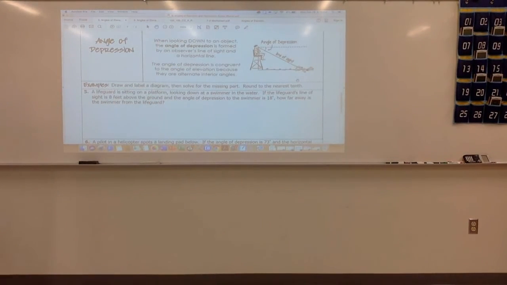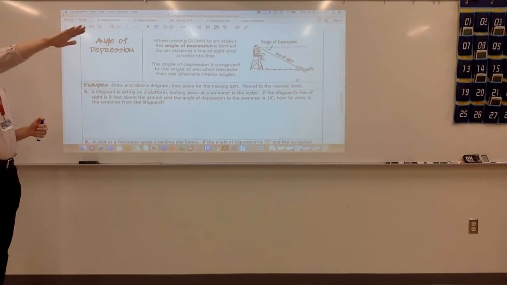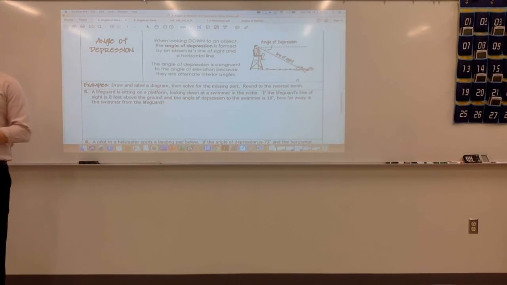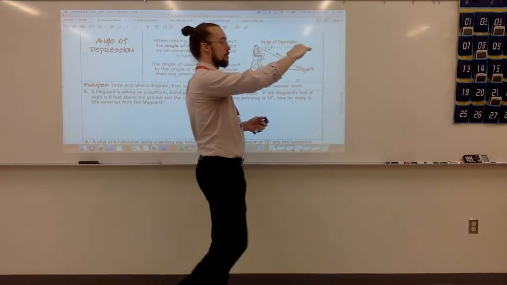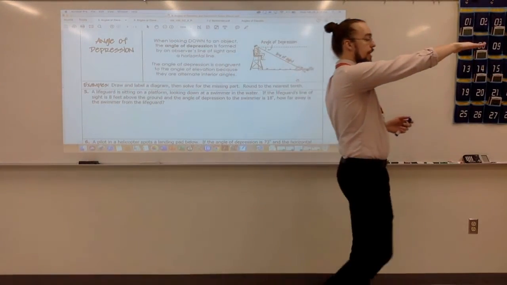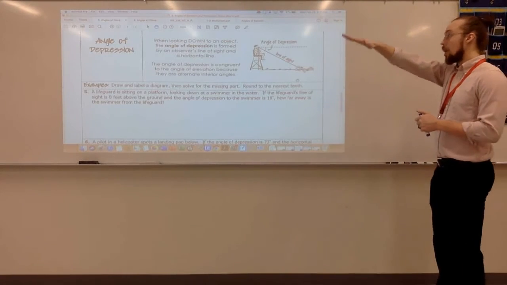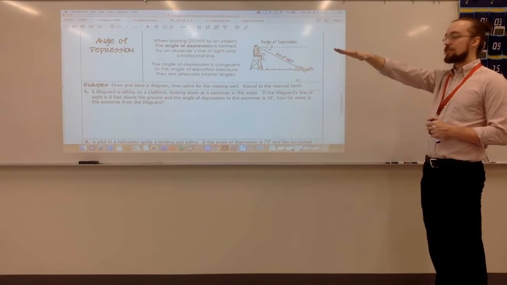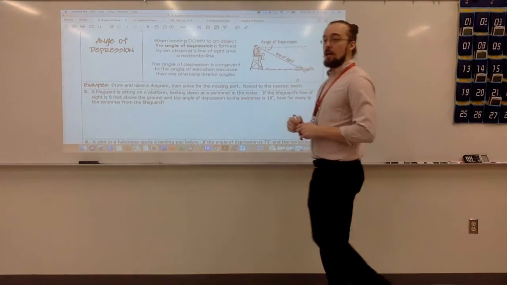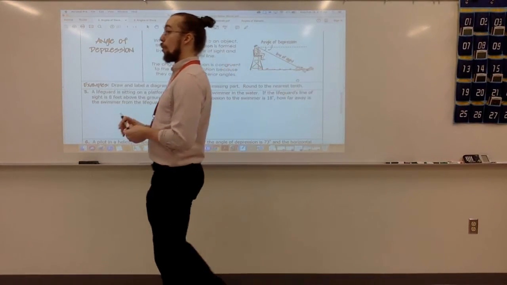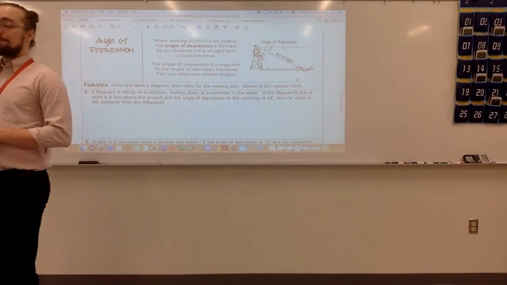An angle of depression just occurs when you are looking down on something, right? So again, just like an angle of elevation, we want to think about looking straight ahead. If you're looking up, it's an angle of elevation. If you're looking down, it's an angle of depression. There's nothing negative, we're not going to put a negative anywhere.